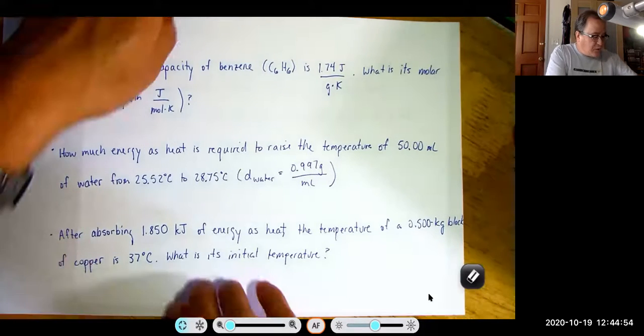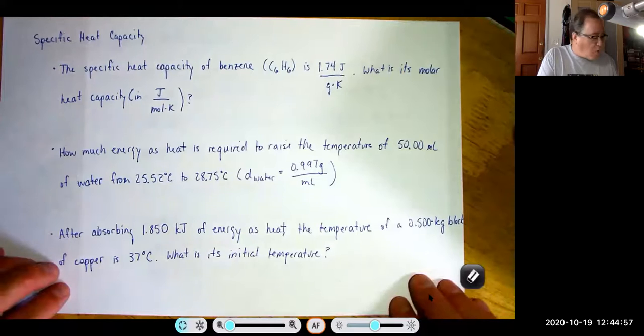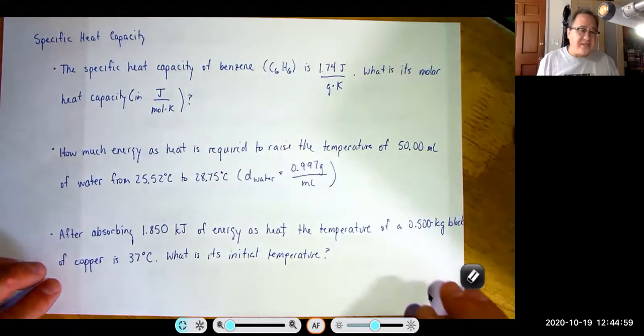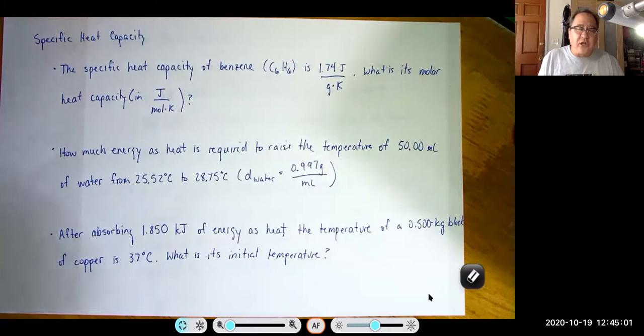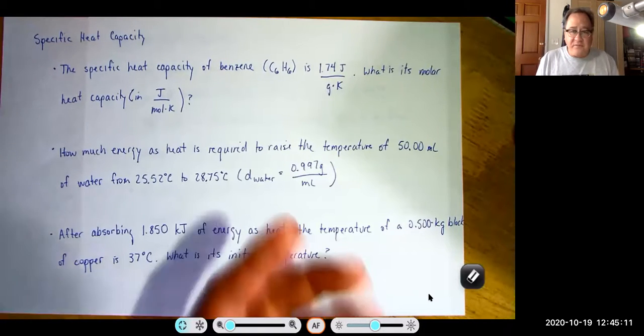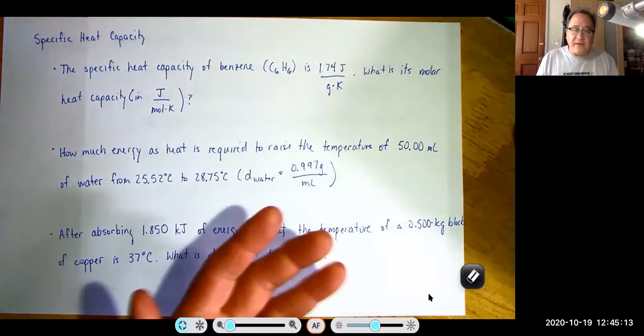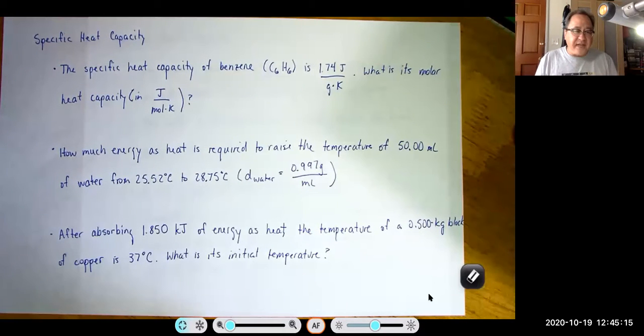For instance, when you heat water to boil, the water seems to heat up very slowly. And that's because it takes a lot of energy to change the temperature of water. Whereas when you add the same energy to a frying pan, the frying pan heats up very quickly. That's because it doesn't take much energy to heat it up. Okay?